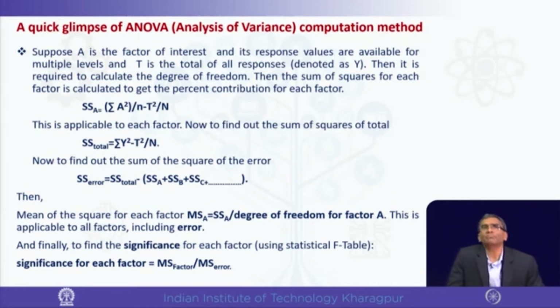So these are the things. Error, as I said, is the sum of squares of total minus the sum of squares of the individual factors, which are the components in this case.